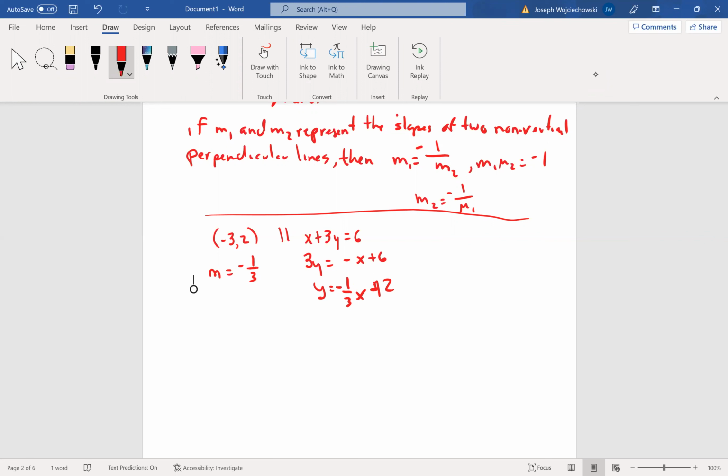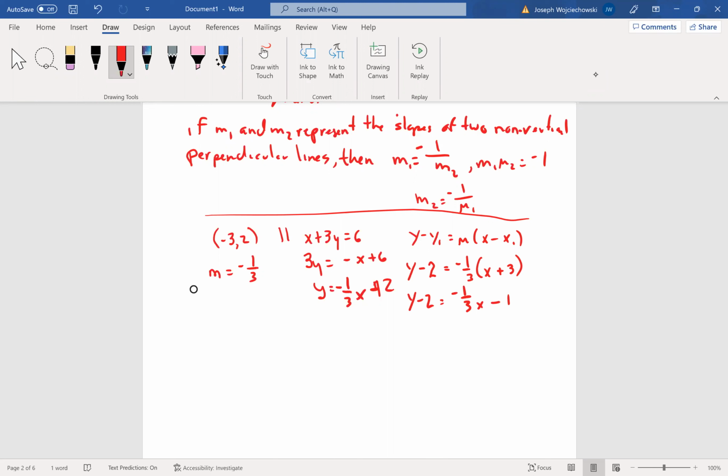Now using my point-slope formula, I have y minus y1 equals m times x minus x1. I have y minus 2 equals -1/3 times x minus a -3. So here I have y minus 2 equals -1/3 x minus 1.